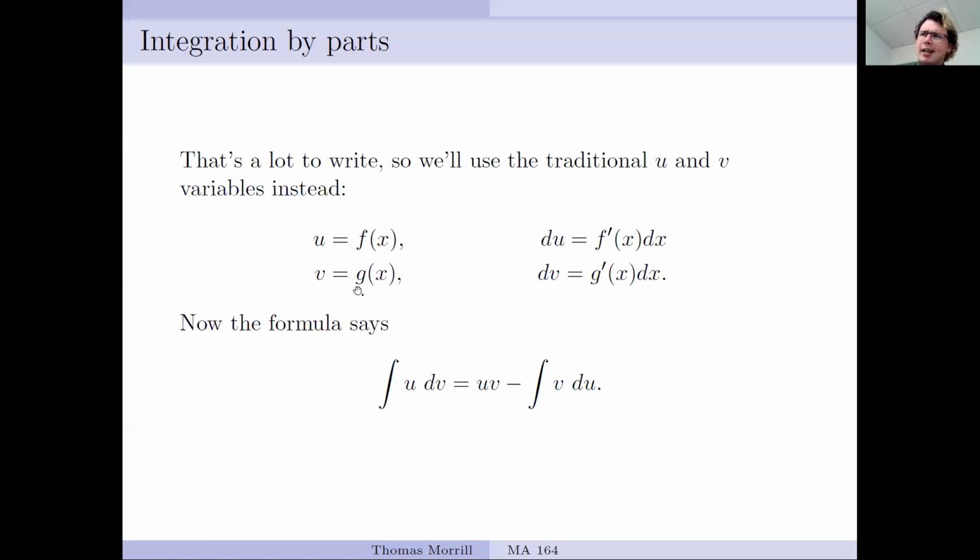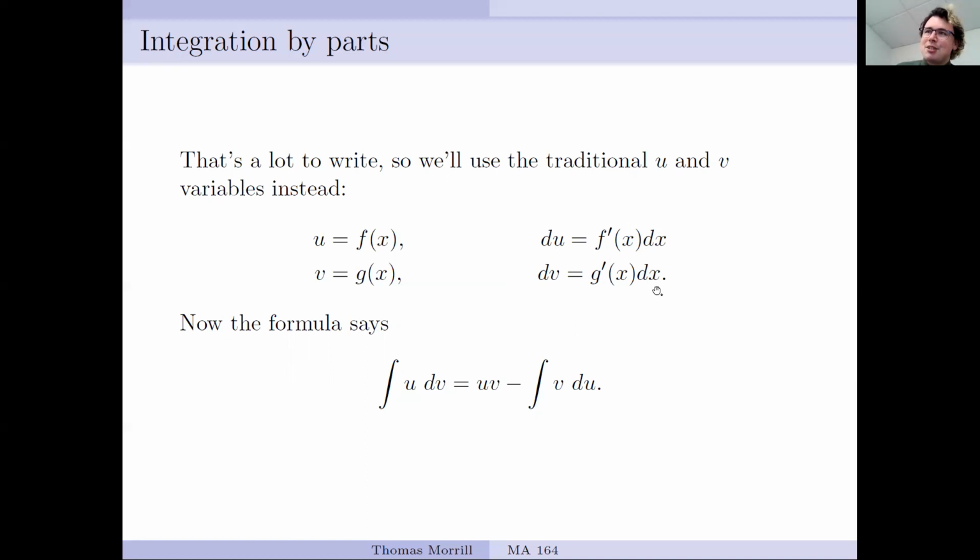And just like in my u substitution video, this gives us an exchange rate. A single du is worth this many dx's. What's the conversion rate? F prime of x. A single dv is worth this many dx's. What's my exchange rate? G prime of x.